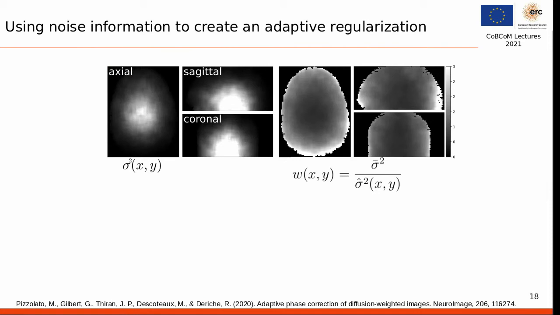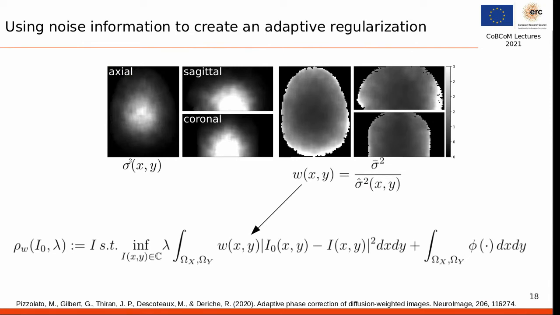And with this variance, we can actually compute a weighting function called W. And this weighting function is actually used to be sensitive to the variation of the noise locally throughout the image. And so this is a first use of these noise maps we have just acquired before.